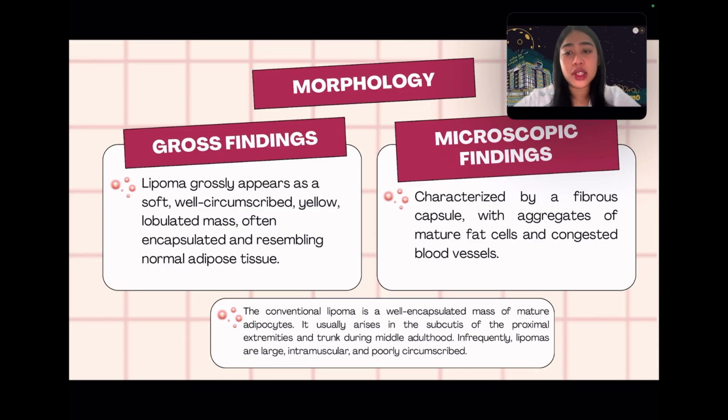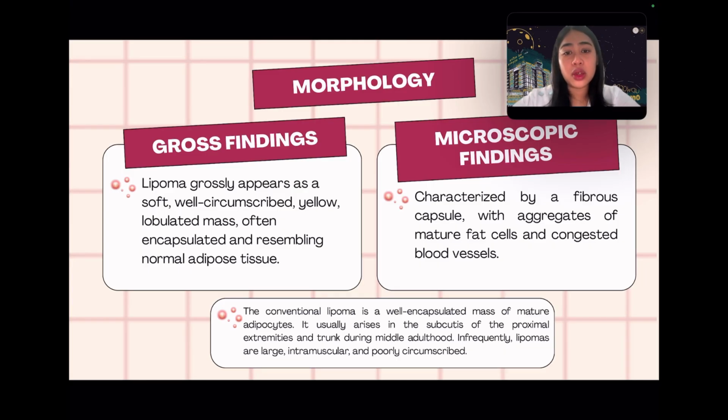It appears as a soft, well-circumscribed yellow lobulated mass, often encapsulated and resembling normal adipose tissue. It usually arises in the subcutis of the proximal extremities and trunk during middle adulthood, and rarely, lipomas are large, intramuscular, and poorly circumscribed.